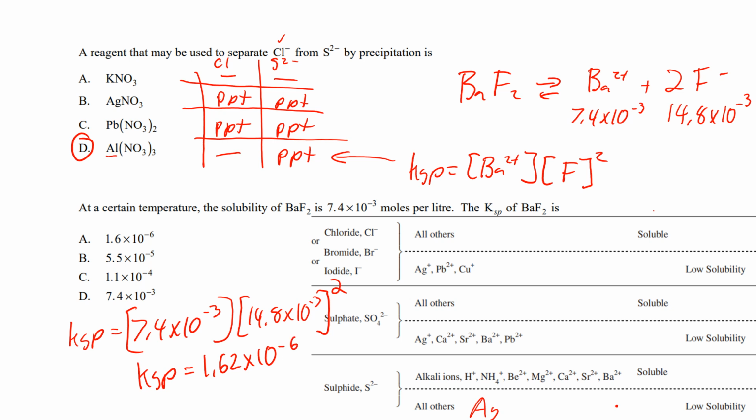And so that's my answer. Just rounding to 2 sig figs, because this guy has 2 sig figs. Okay.